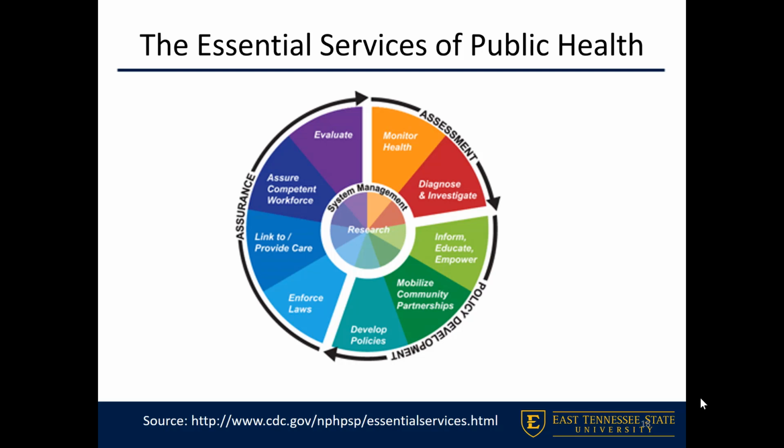And really, the 10 essential services allows us to operationalize what we really mean when we say public health's core function is assessment. So what goes into assessment? And we can see that within assessment, we have 2 of the 10 essential services: monitor health and diagnose and investigate. And again, you can see this for policy development and assurance.